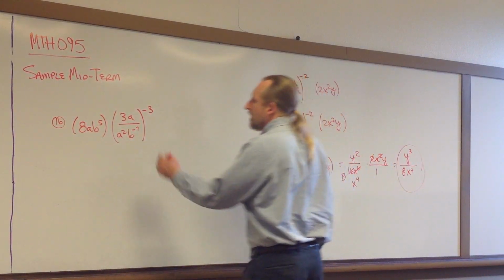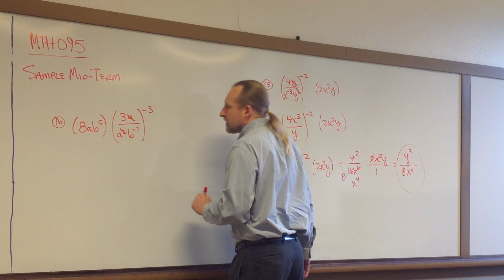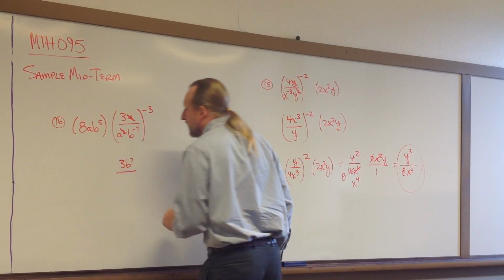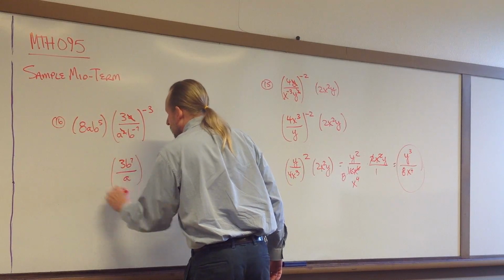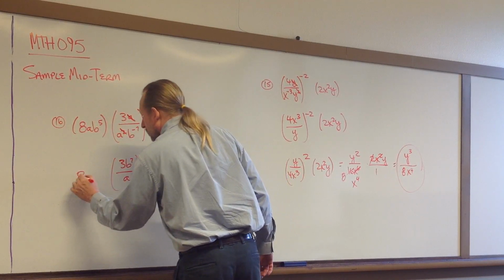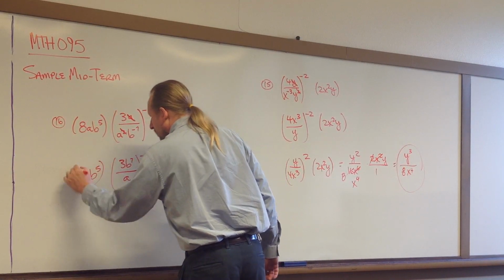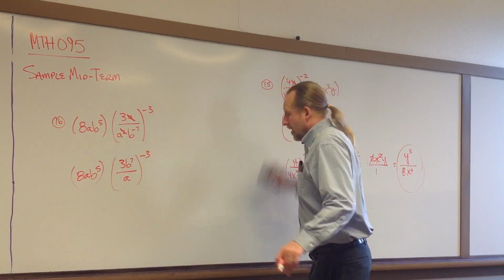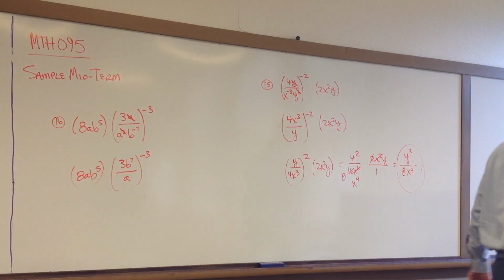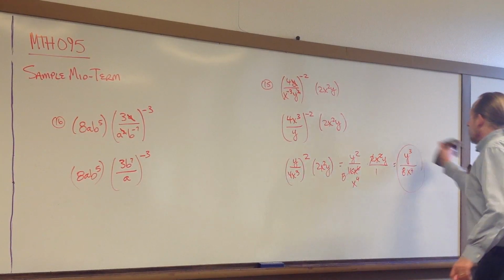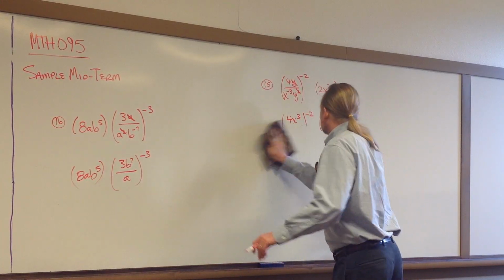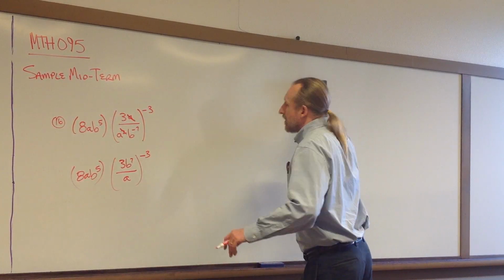Because this A cancels out one of these, and then I'll move that B to the 7th up to the numerator, make it B to the positive 7th. And then next, I'm going to flip that over before I try to raise it to that power. I'm going to flip that fraction over and get rid of the negative exponent there.